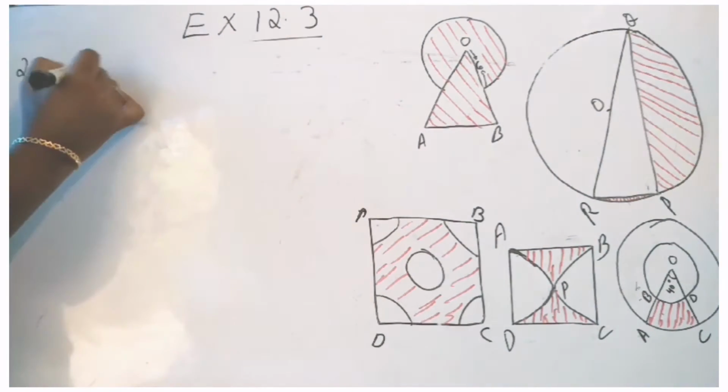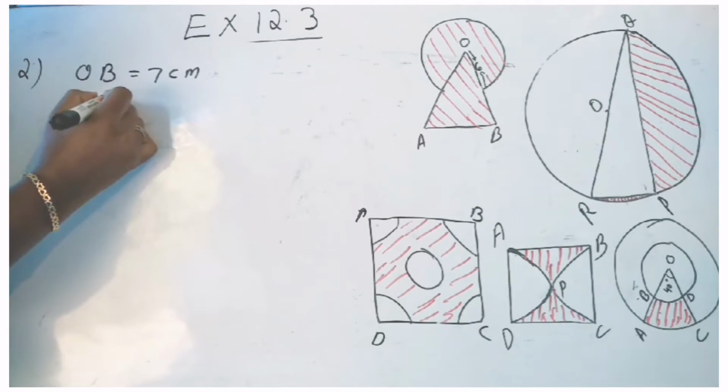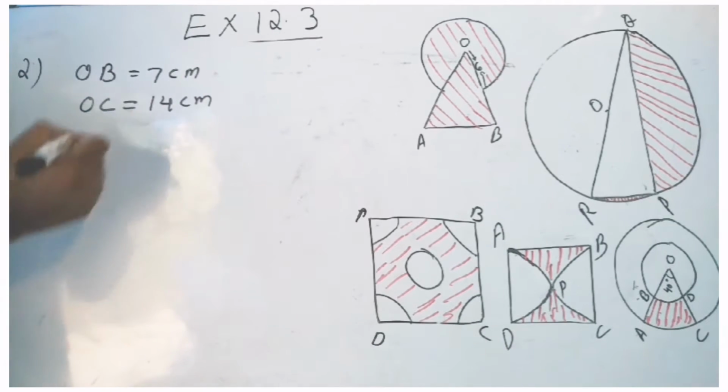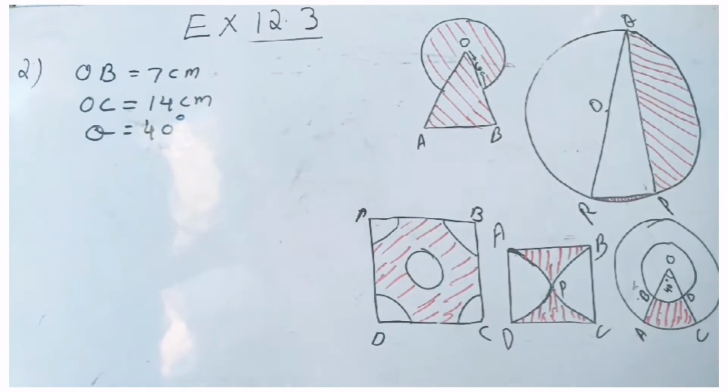That is OB is equal to 7 centimeter and OC is equal to 14 centimeter. And that angle is given, that is 40 degree. Now that shaded region is actually the area of the sector OAC minus the area of the sector OBD.